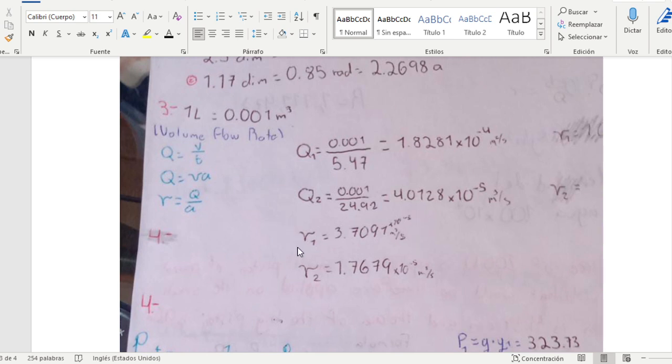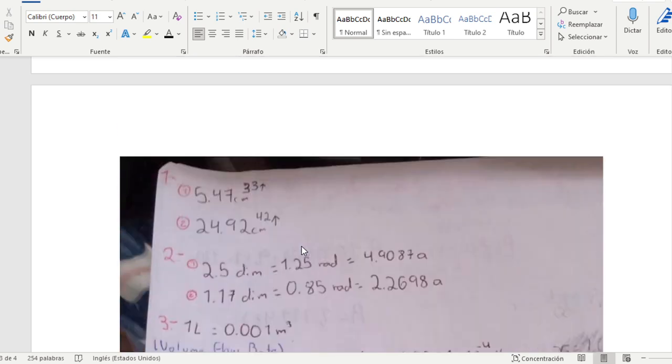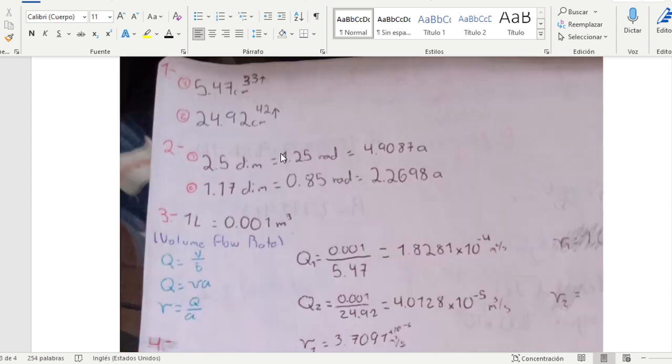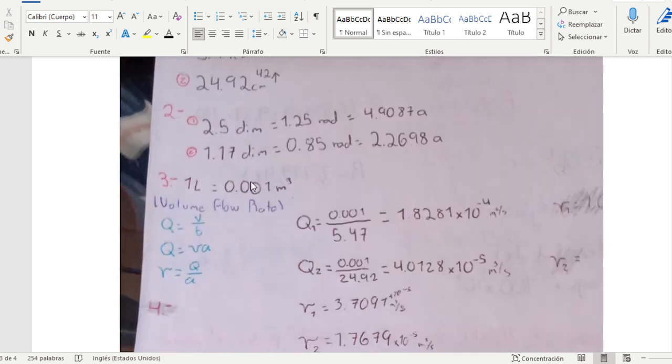And then we repeat the experiment on a higher faucet and compare the speeds. So this is the second try. It was 24.92 seconds to fill the bottle, and it was at a height of 42 centimeters from the ground. Then we have the diameter of the water exit.